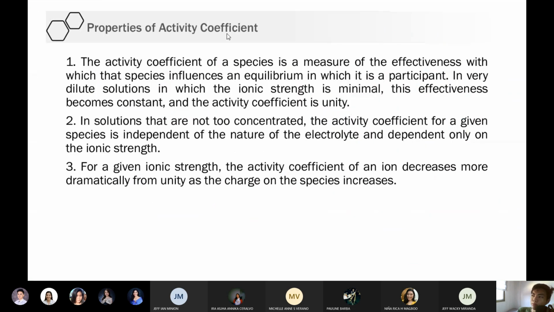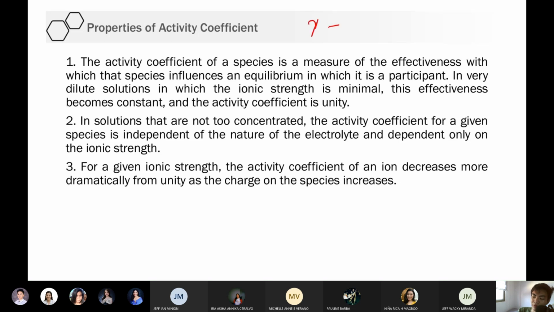Okay, so let's talk about the properties of activity coefficients. Again, the activity coefficient is the measure of the effectiveness of your species as it influences an equilibrium system. In dilute solutions, your activity coefficient is unity. That means if you have very small amounts of diverse ions, then you can say that the activity coefficient is equal to 1.